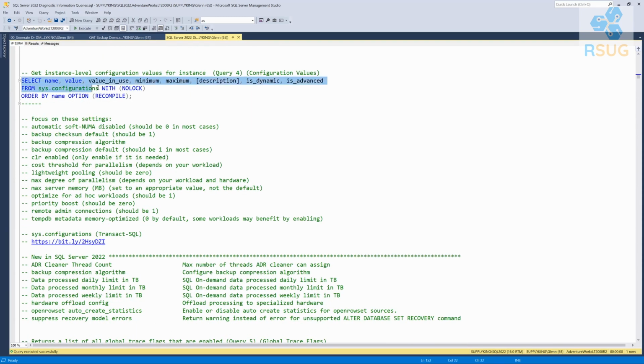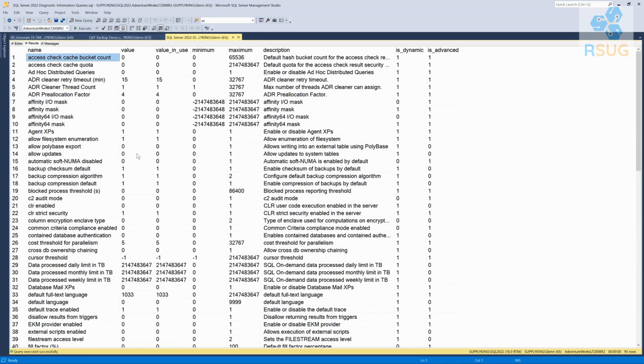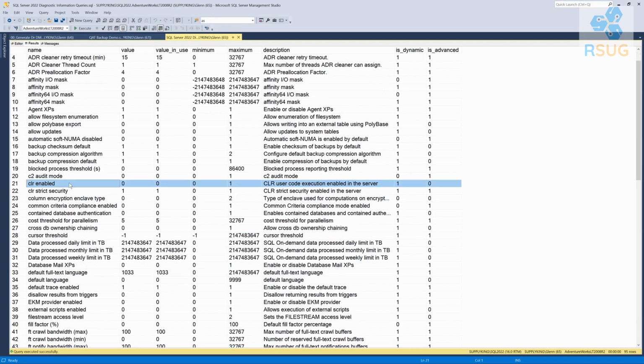So the next one is going to look at configuration values. And when I run this, it's basically sp_configure. And certain ones that I key in on, like backup compression algorithm, is a new one. Backup checksum default has been around for a while, and backup compression default has been around for a while. And then is CLR enabled, for example? What's cost threshold for parallelism?